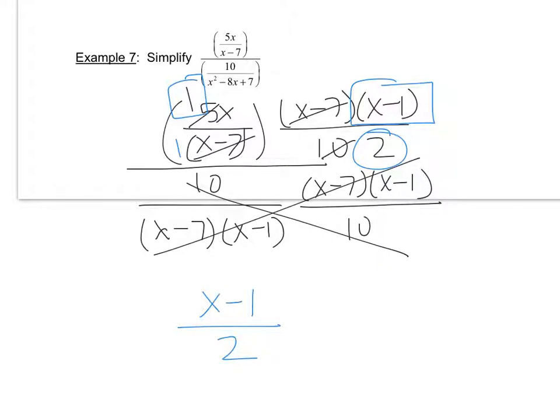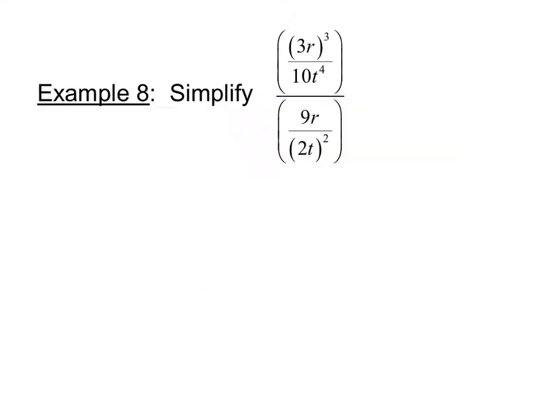Okay, let's take a look at some more. Alright, here, there's no factoring or simplifying to do. Well, there's one. So this is going to be 27r to the third over 10t to the fourth divided by 9r over 4t squared.